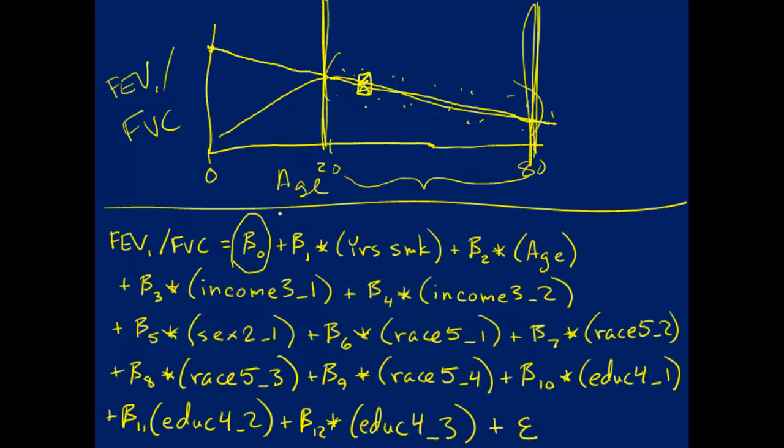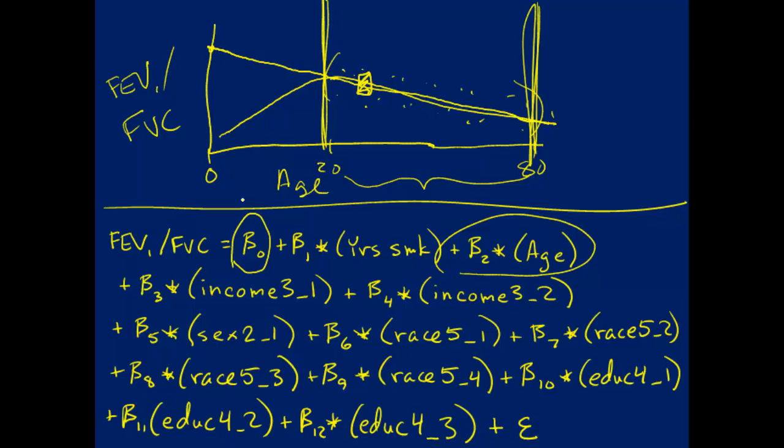And so the beta 0 is in fact the location of the random number generator on the FEV1 to FVC axis when all of these variables equal 0. But because of the age variable, we can't actually say that this is the mean value of the FEV1 to FVC ratio for any actual group in our data set.